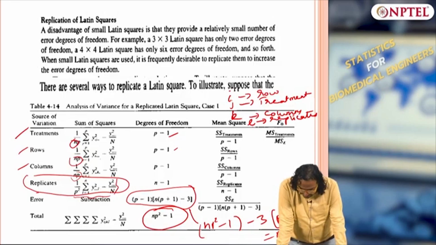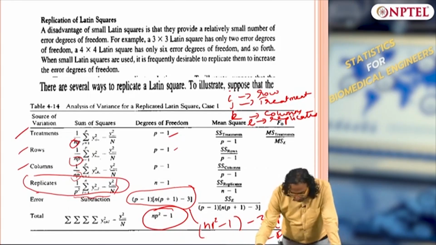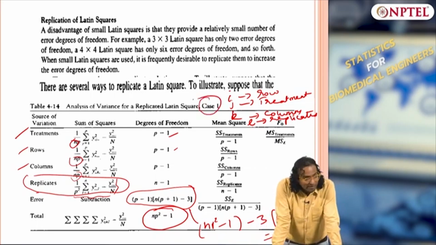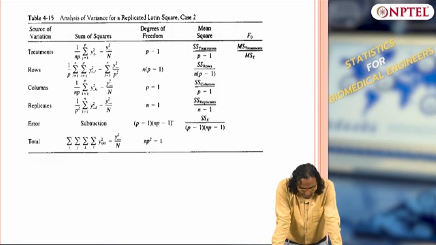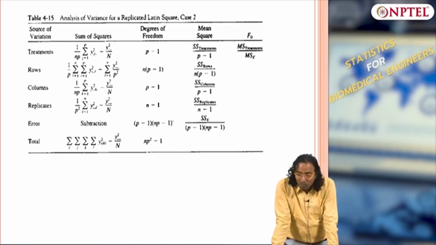For each of these cases we have something. This is the ideal case where everything is replicated exactly, meaning you have rows, columns, treatments, exact replication. This is case 1. Now I have one of them replicated properly, the other one not replicated properly.